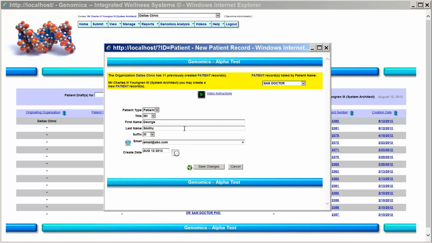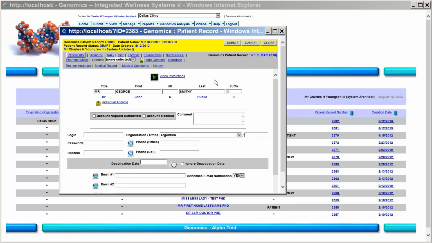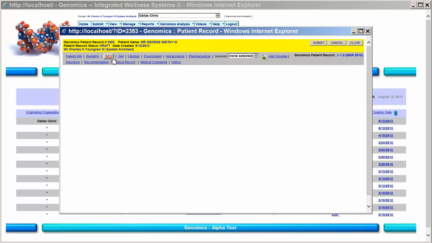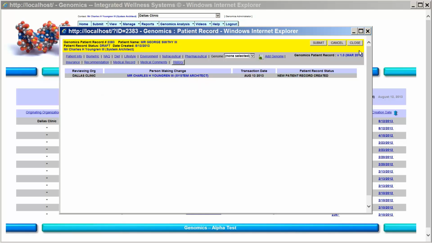Once the information is entered, you also have the option of looking at all the patients available for this particular case, the Dallas Clinic that this patient is being added to. Once you are satisfied with the information, save changes, the patient record form builds, and again you can progress through the information as required for biometrics, nutritional assessment, and again you will be adding records as required, and you'll also have your non-editable audit trail.